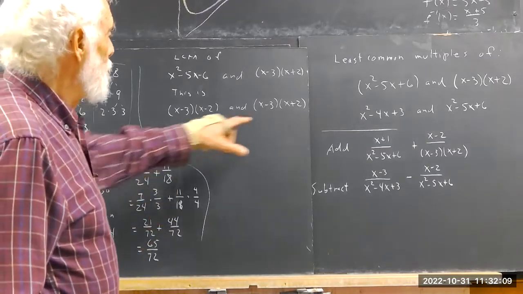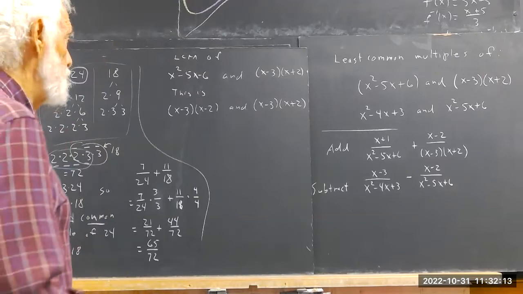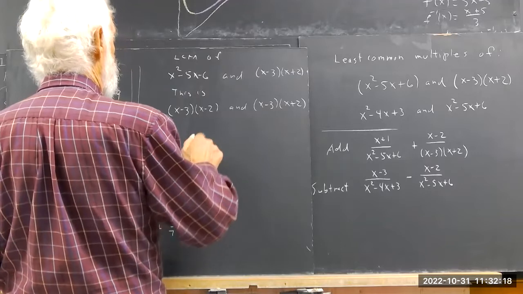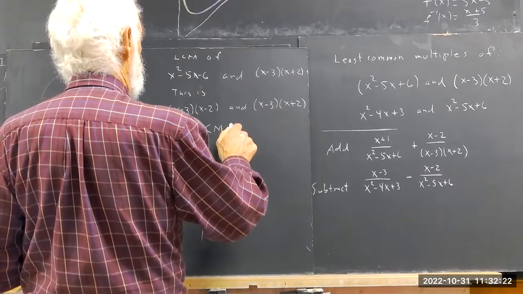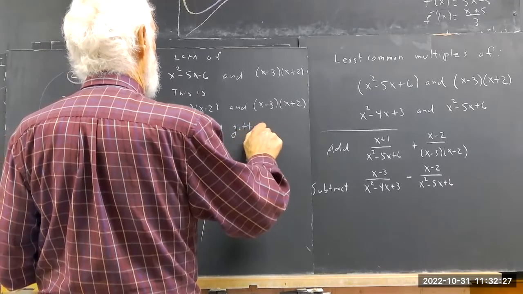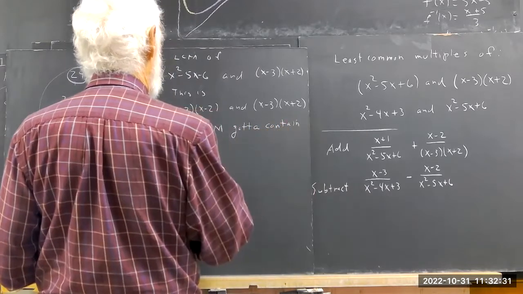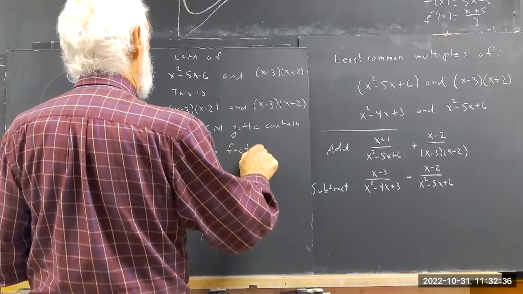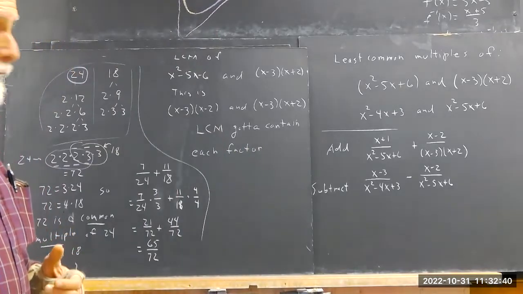Now, we want to find a least common multiple here. So, I'll give you a hint. The LCM has got to contain each factor.